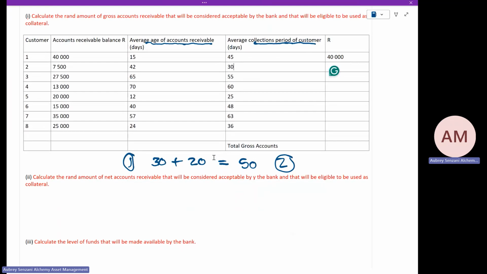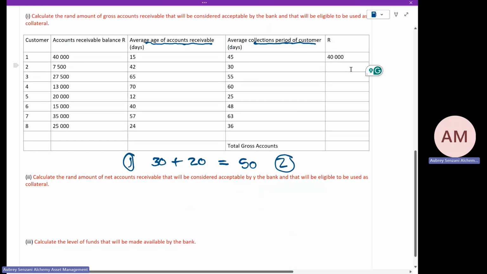Because just above, just under the table, it says the company's credit period is 30 days. So this question would be too easy if they did not put in that little twist, but yeah, that's exactly why we are saying 50 days instead of 20. Because remember, they say 20 days or less. So here we are going to reject this one.